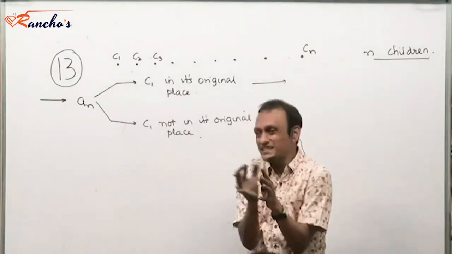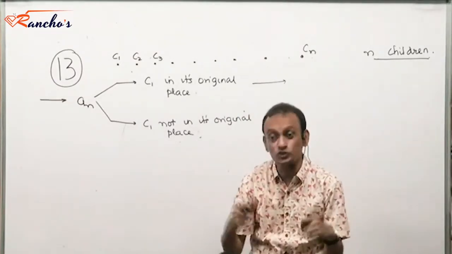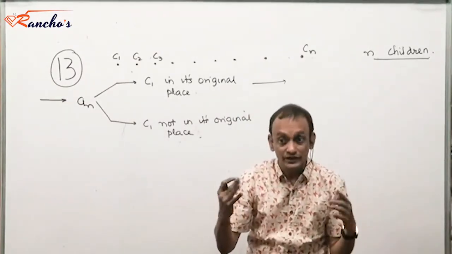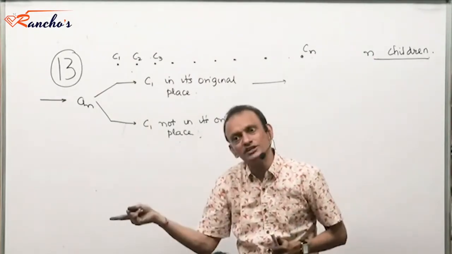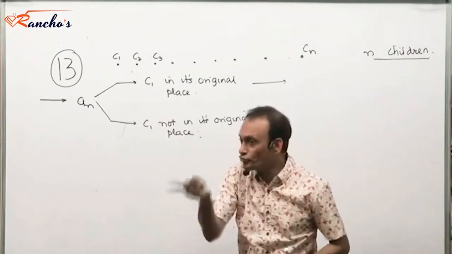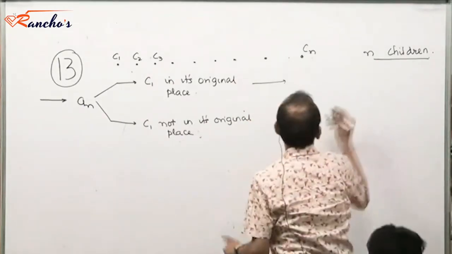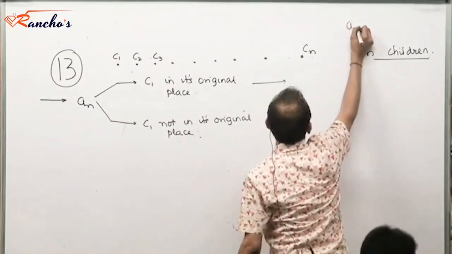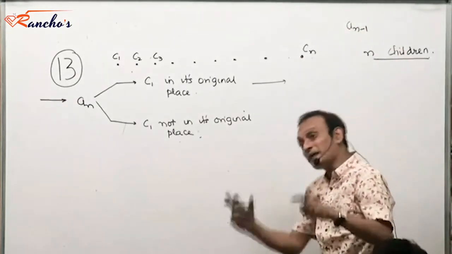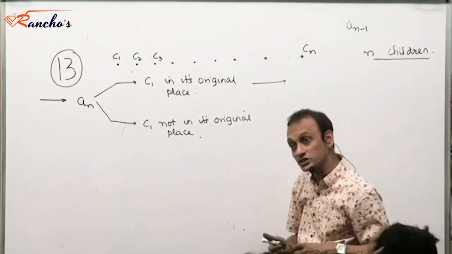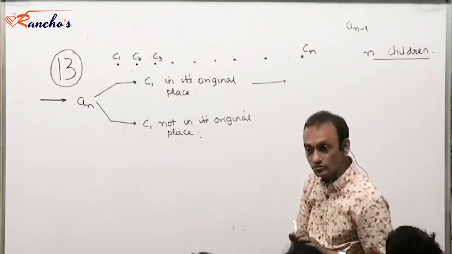Now, if an represents in general an expression in n for the total count for n children, then a(n minus 1) would represent the same kind of count for n minus 1 children. Yes or no?